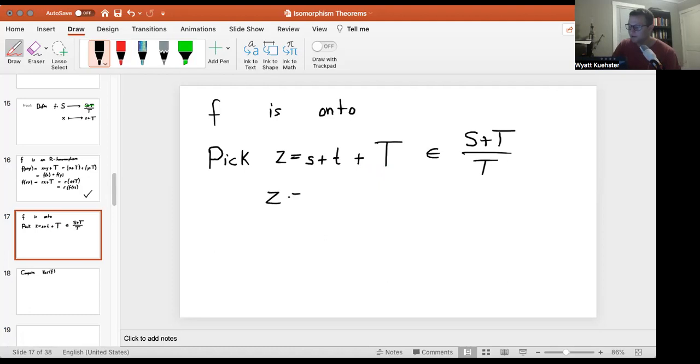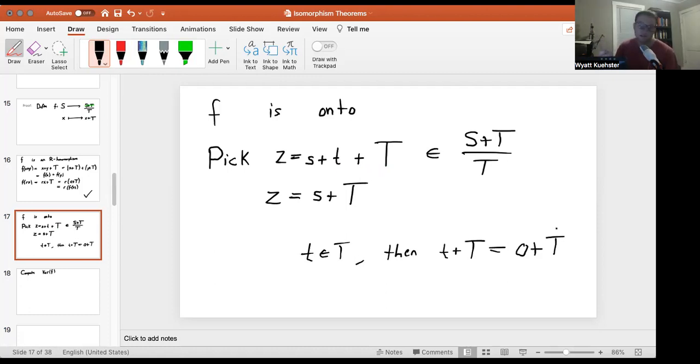Well, then Z equals s plus T as a coset, because if little t is in T, then little t plus T is the same as the coset 0 plus T, right? t minus 0 is in T. So those are the same coset. So I can absorb the little t into the big T.